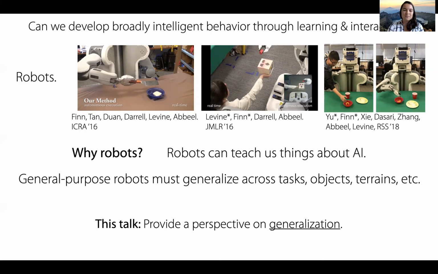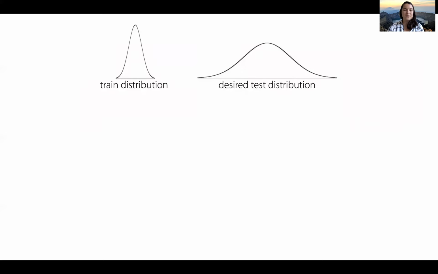Now, in this talk, I'll be providing a perspective on generalization, and a lot of things, while at a high level, come from some of the challenges that arise in building embodied intelligence in the real world. Many of the things I'll be talking about today are not specific to robotics and are general to many challenges in machine learning. When thinking about generalization, I think we often are faced with problems like this, where our train distribution is much narrower than the kinds of situations we want to be able to generalize to at test time.